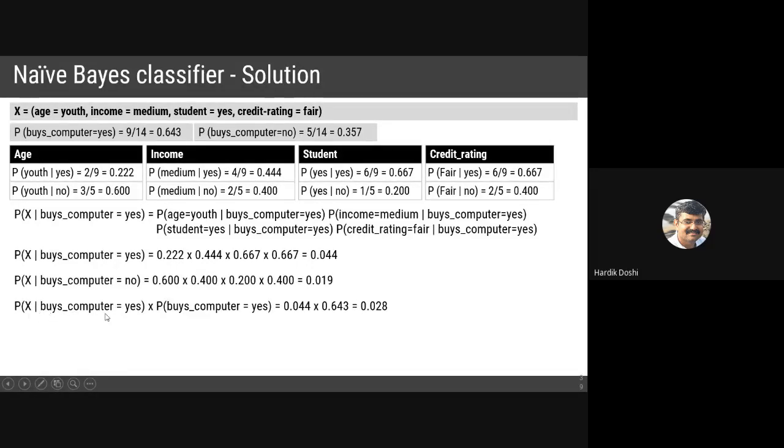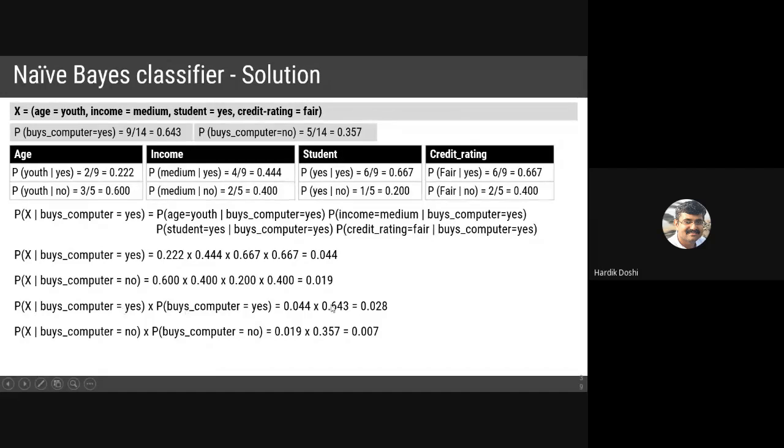So for X given buys computer yes, into P of buys computer yes, 0.044 multiplied by 0.643, we get 0.028. Same way for no, we multiply both, for all the records with buys computer no. So we get 0.007. So can you tell me whose value is higher?